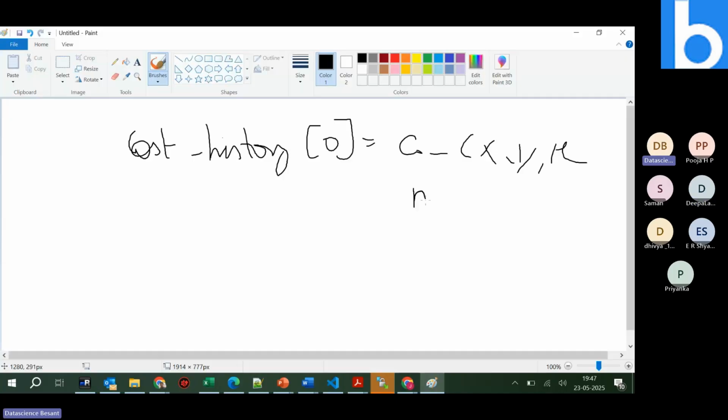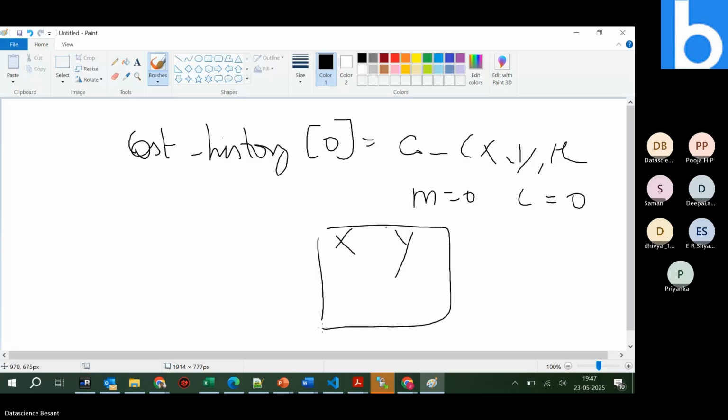Initially when you take m is equal to 0 and c is equal to 0, you already have x and y values. Now with the model you get the y cap values.